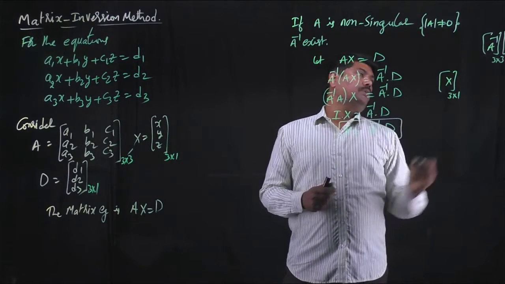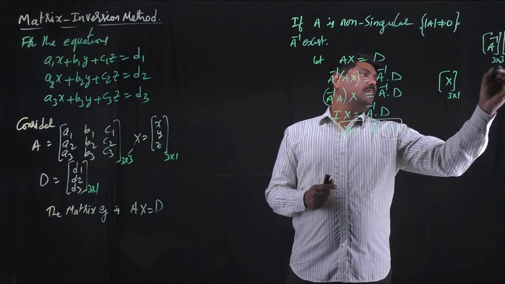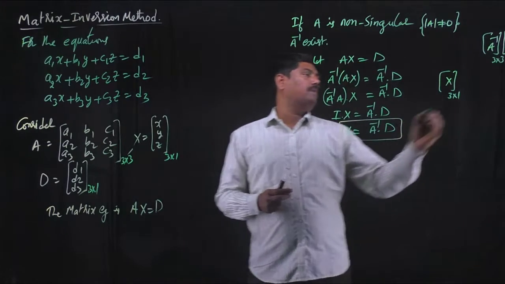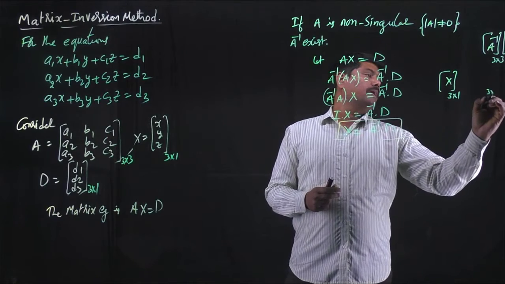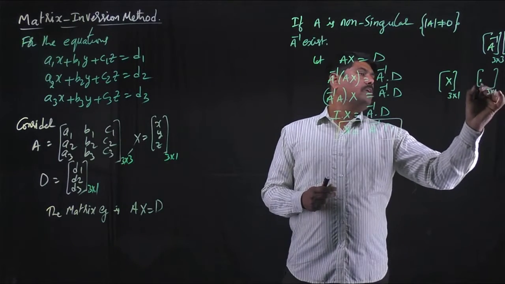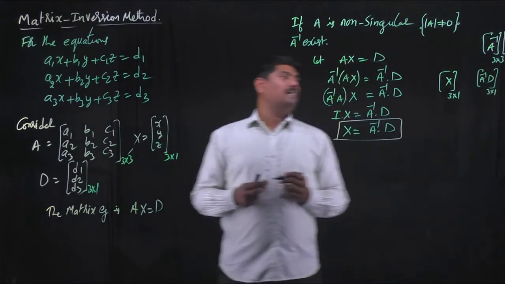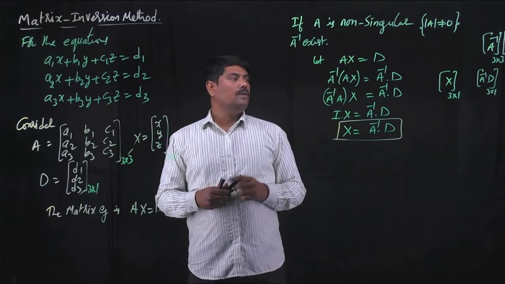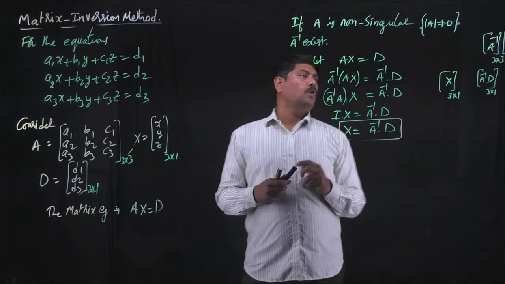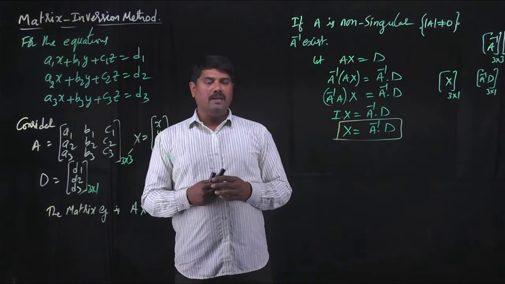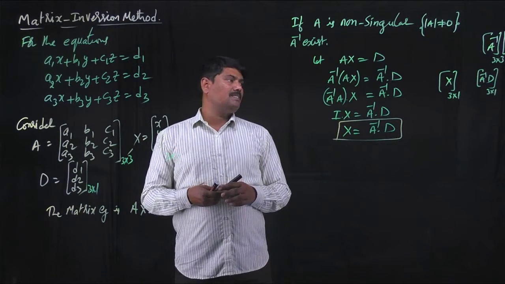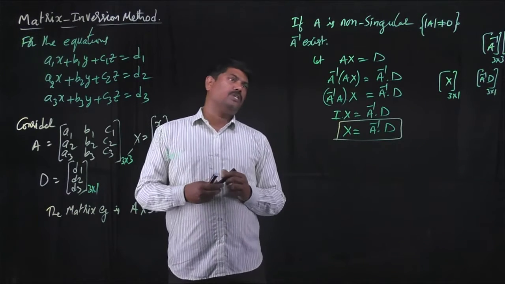A inverse into D, 3 by 3 multiplied with 3 by 1, gives 3 by 1 again. So A inverse into D is again a 3 by 1 matrix. Then you can equate both matrices and find the values of x, y, z using this equation.